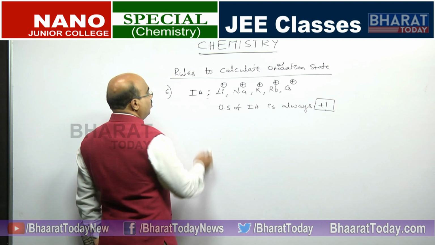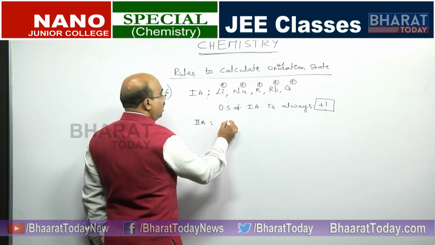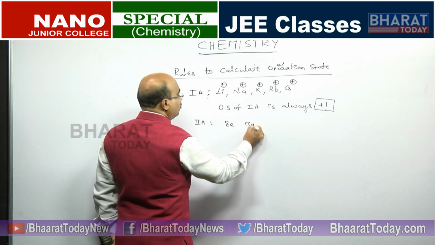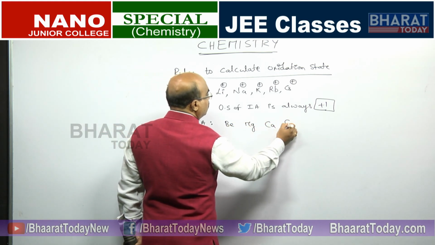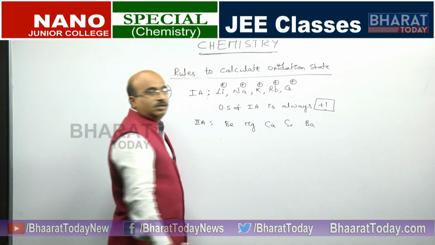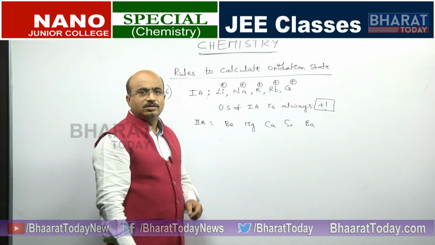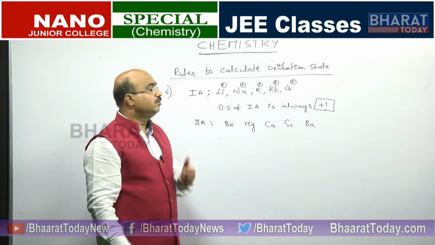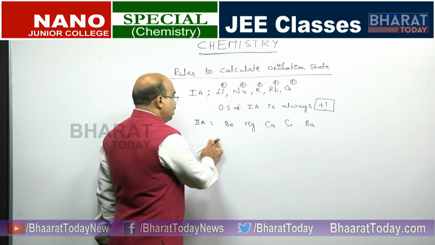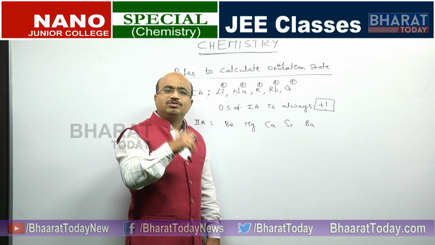Similarly, for the 2A elements, we have beryllium, magnesium, calcium, strontium, barium, and these elements will always lose 2 electrons when bonded. When they are not bonded, it is anyhow 0, by the first rule.